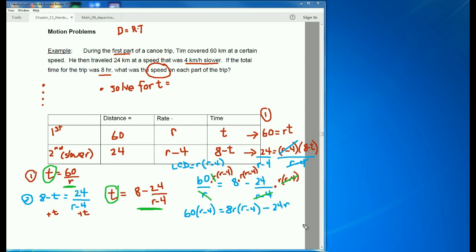Okay, so now we just got to start multiplying out, getting rid of the parens, and then we will combine terms and simplify. All right, so I've got 60r minus 240 equals, when I do this, I've got 8r squared, and then minus 32r, and then minus 24r.